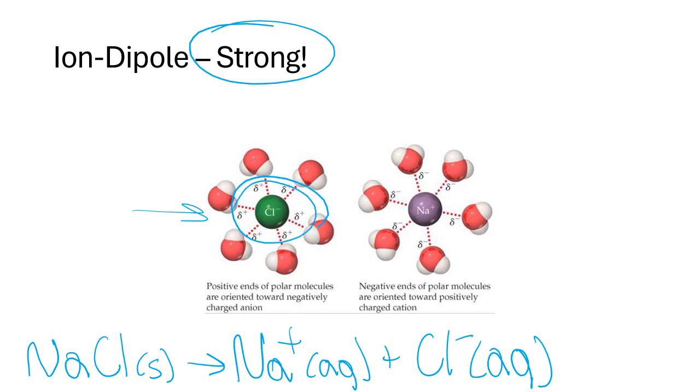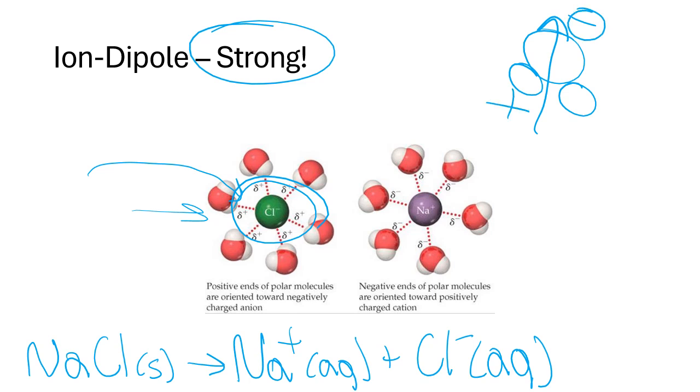Keep in mind, if something forms a negative charge, it would be much larger, so that chlorine is much larger. Look at how the Cl minus is surrounded by the positive side of the water molecule. Where red is the oxygen, oxygen pulls electrons towards it.